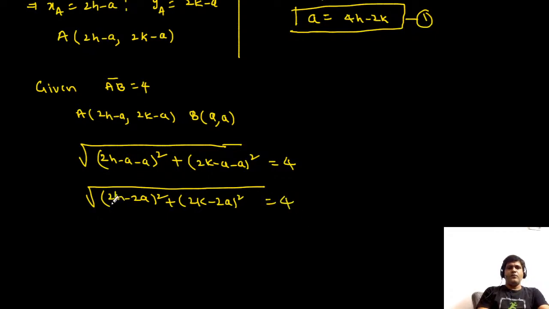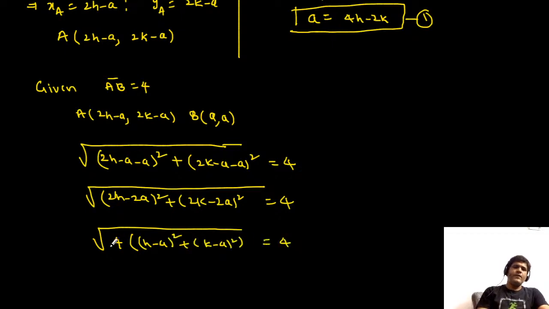Here 2 outside, therefore 4 outside, so this is 4 times ((h minus a) whole square plus (k minus a) whole square) equals 4, that is 2 times square root of ((h minus a) whole square plus (k minus a) whole square) equals 4.